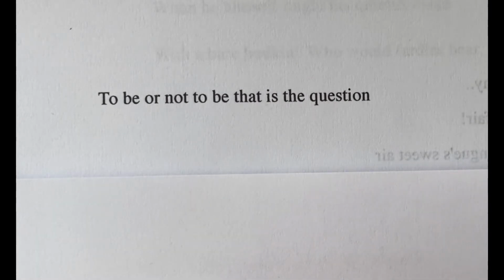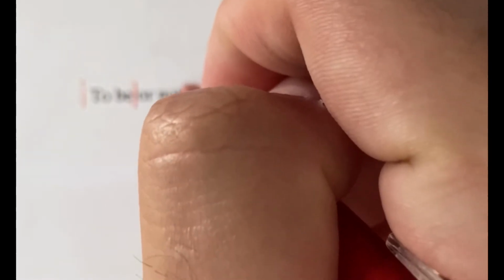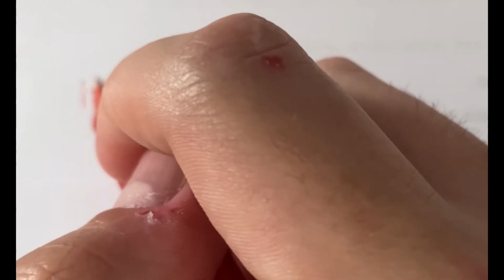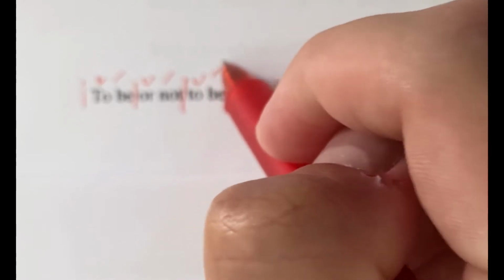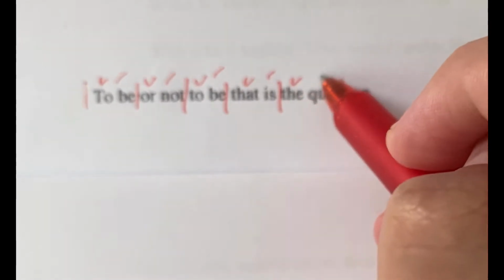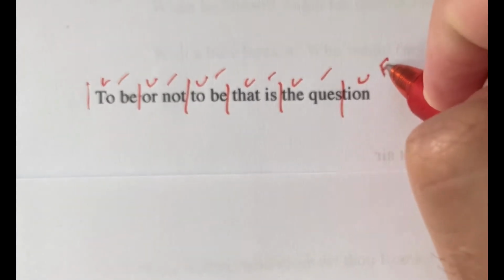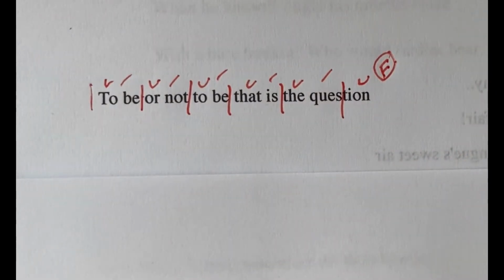So to show you what a feminine ending looks like when you scan it out, to be or not to be, that is the question. 11 syllables here. When you see one of these and you're marking, you're going to want to put a little F there. I usually circle mine, so that when we're going over the script, we know that we have a feminine ending.